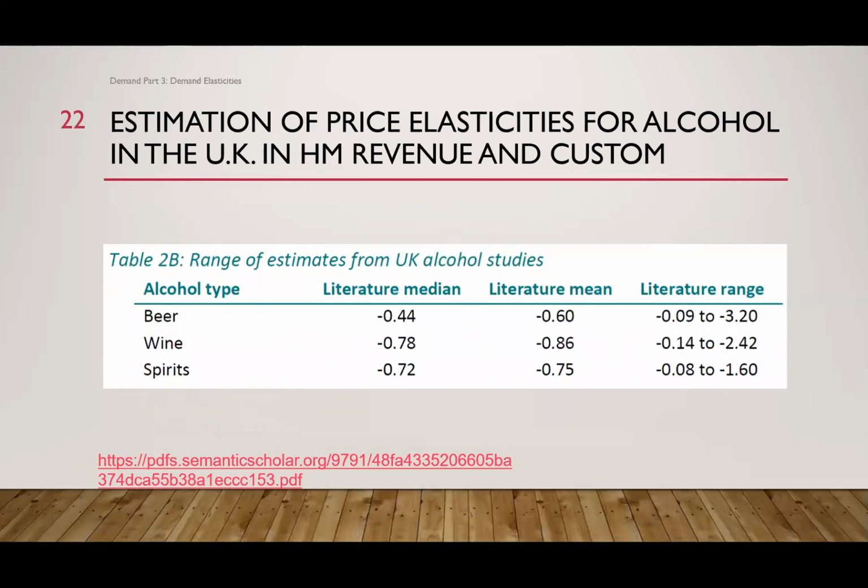Right, you see the average price elasticity of demand for beer, wine, and spirits. Right, and by the way, notice here that they leave the minus sign in, that we would take out. But the price elasticity of demand for beer, wine, and spirits, notice it's all less than 1. Right, so these are all inelastic demands.